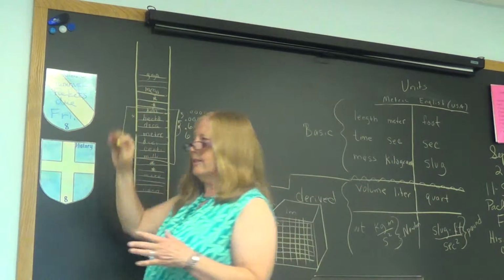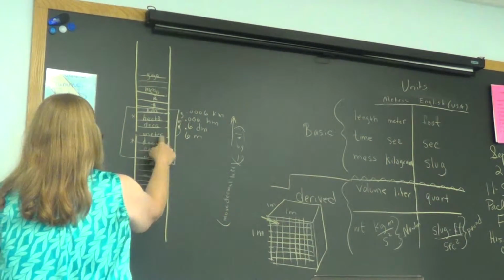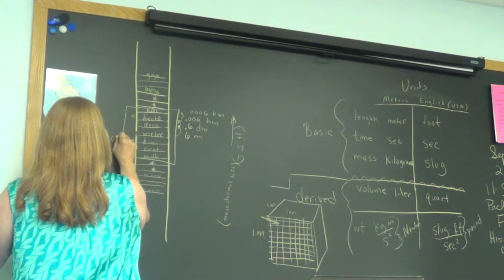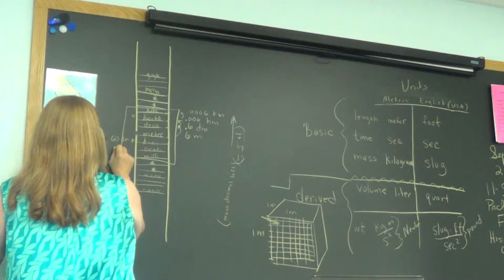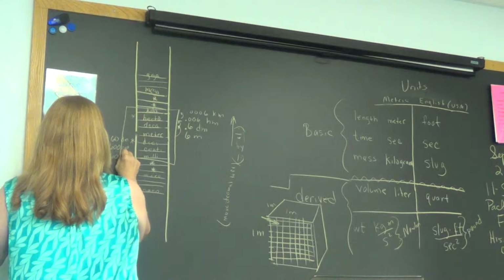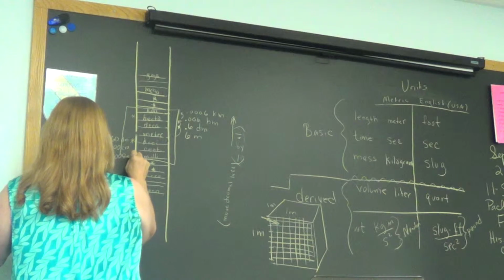So what happens on this side? Say we had our 6 meters, how many decimeters is it? 6 meters is 60 decimeters, it's 600 centimeters, and it's 6,000 millimeters, and so on.